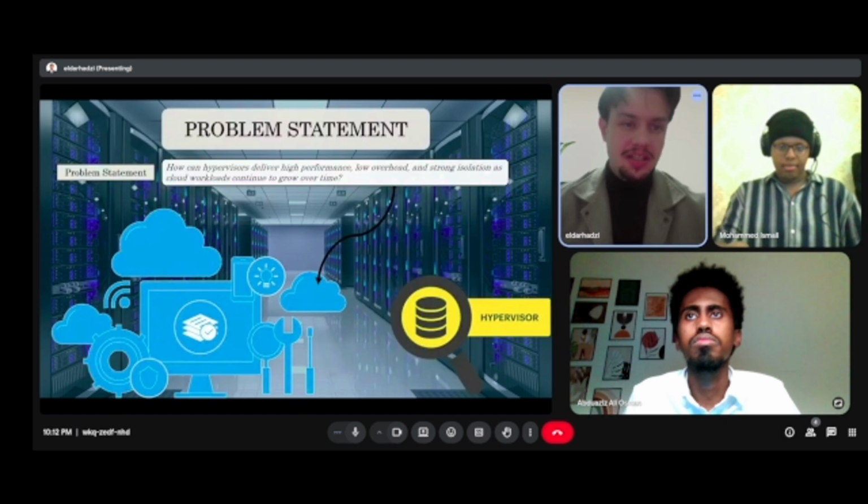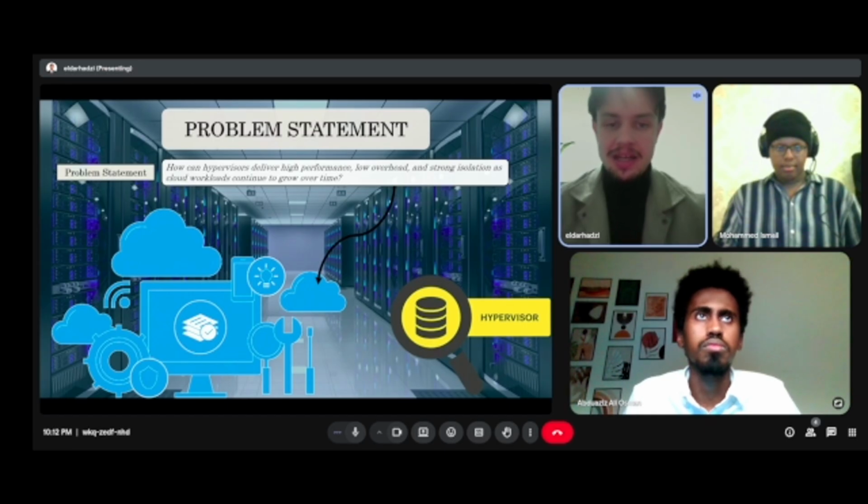So let's start. Virtualization is the backbone of cloud computing, and as cloud workloads grow, hypervisors must provide high performance, low overhead, and strong isolation. While modern applications like serverless and microservices require faster boot time, higher VM density, and efficient resource management.